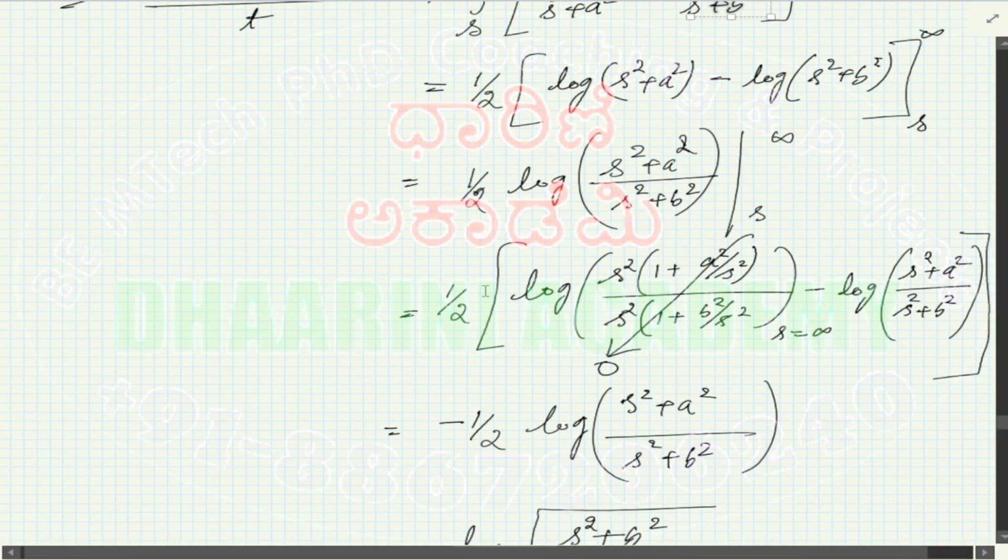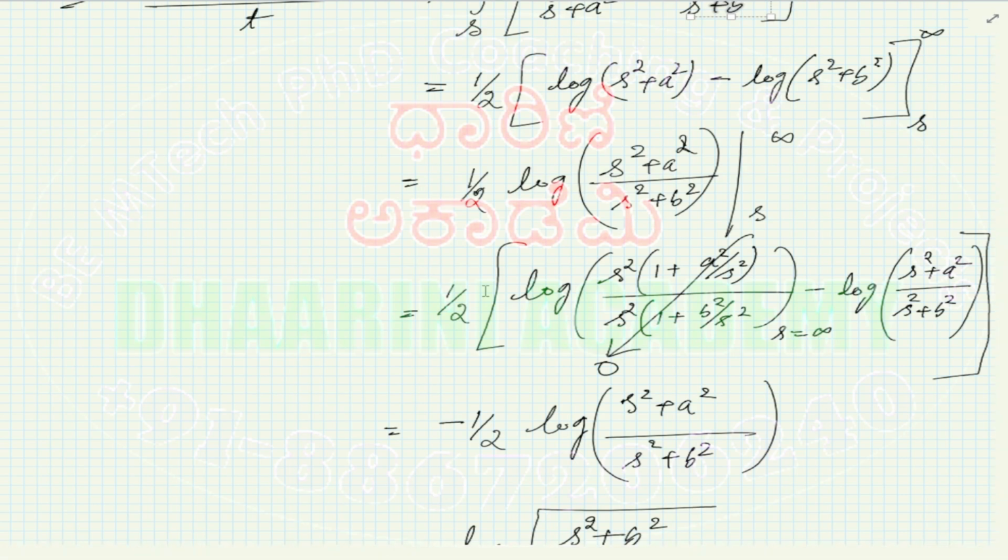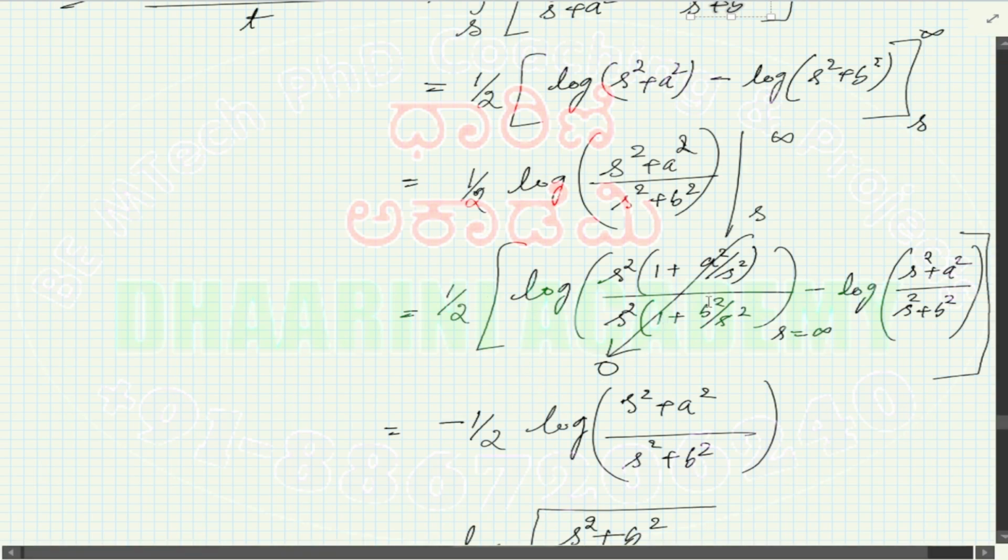So we take s square outside from both the numerator as well as the denominator. When you put s as infinity, the numerator has a square by s square, which becomes 0. The denominator also has b square by s square, which also becomes 0. So only 1 remains over there. Log 1 is 0.